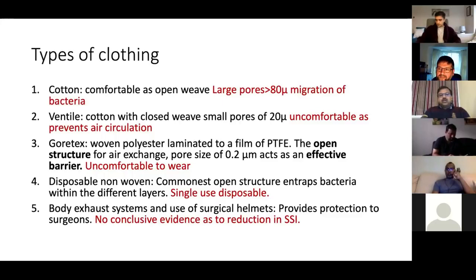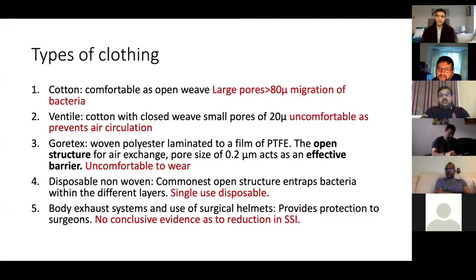So it essentially entraps the bacteria or the particles carrying bacteria, has some protection against the moist breakthrough, and it also allows air and water vapor circulation because of being an open structure. The only downside is these are single-use disposable gowns. But then again, it may be an advantage also because if it is a single-use garment, it cannot cause cross-infection.